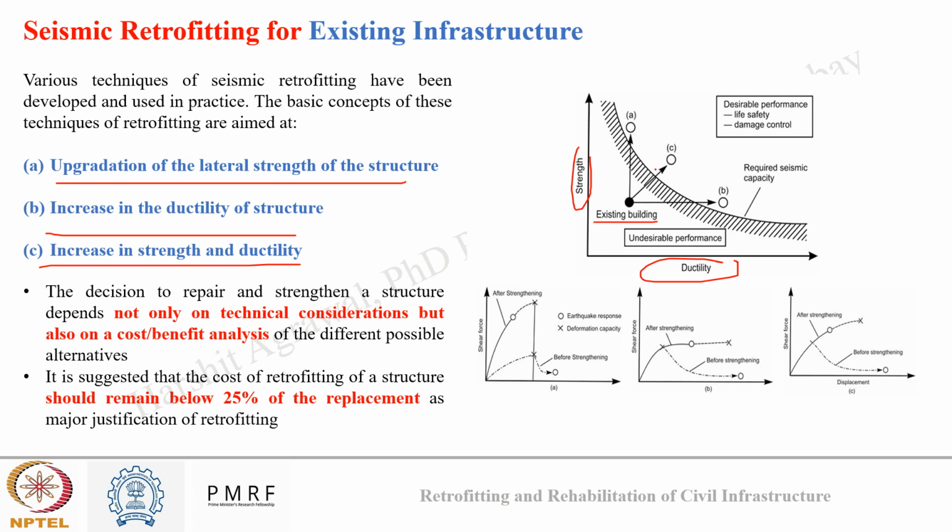So either we can increase the strength while maintaining the ductility, or we can increase the ductility while maintaining the strength, or we can increase both. If we do just strengthening, the shear strength of the building will increase with minimal drift, as can be seen in this figure.